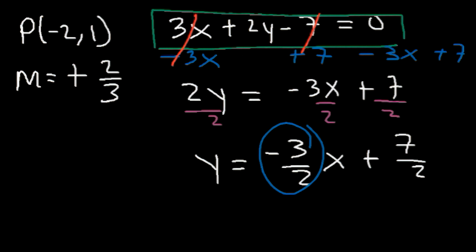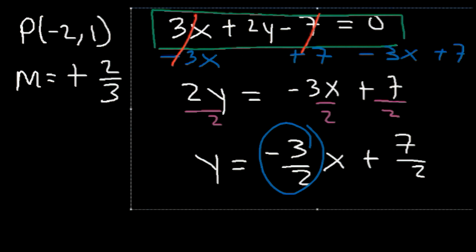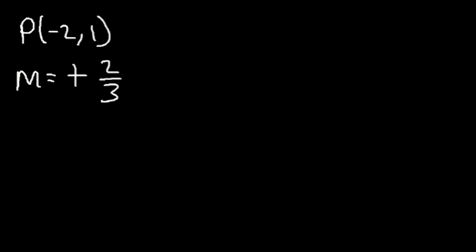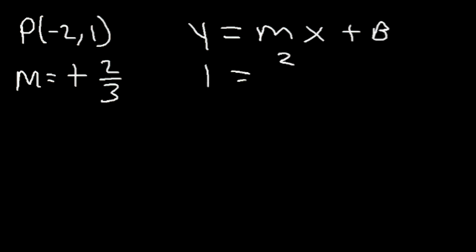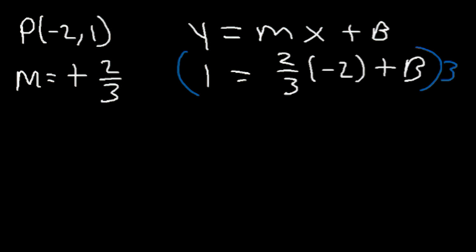So now that we have the point and the slope, we can write the equation. So let's use the slope-intercept form equation. Let's replace y with 1, m with 2/3, and x with -2. Now to get rid of the fraction, let's multiply everything by 3.